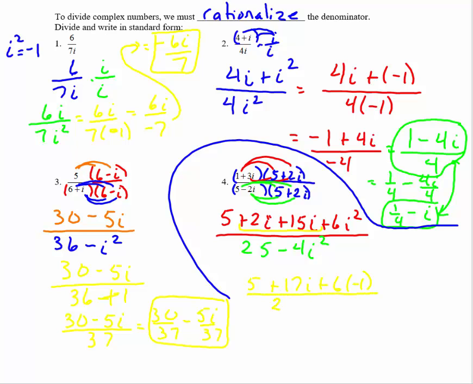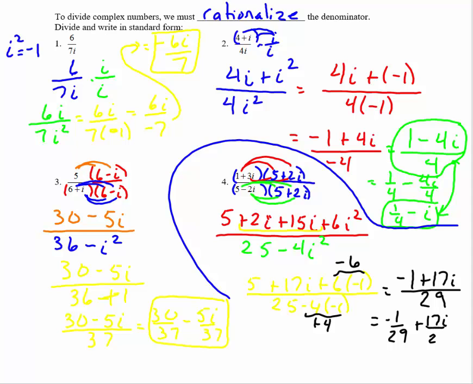In the denominator we have 25 minus 4 times again a negative 1. So on top, 6 times a negative 1 is a negative 6, so 5 minus 6 is a negative 1, plus 17i, over negative 4 times negative 1 is a positive 4, and 25 plus 4 is 29. Again, separating it into the real part and the imaginary part, we get negative 1 over 29 plus 17i over 29.